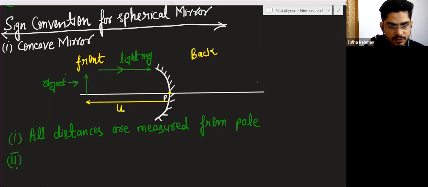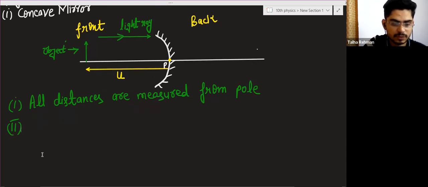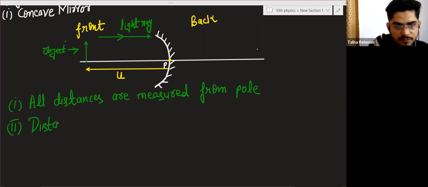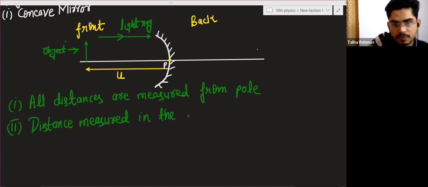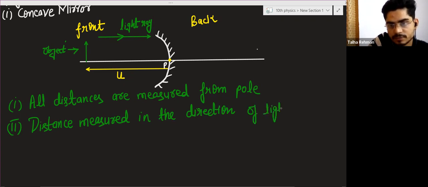After this point, this will be clear. Distance measured in the direction of light is considered as positive.